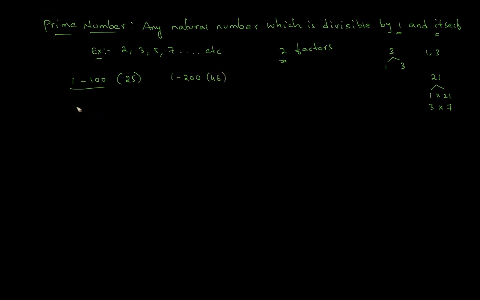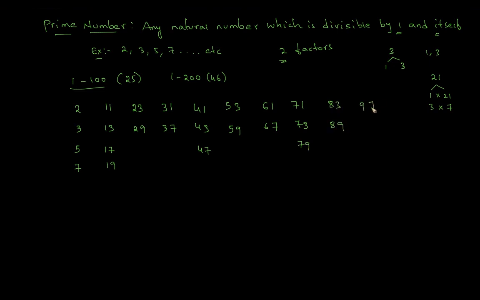Okay, we will see 1 to 100 prime numbers: 2, 3, 5, 7, 11, 13, 17, 19, right? 23, 29, 31, 37, right? 41, 43, 47, 53, 59, 61, 67, 71, 73, 79, 83, 89, 97, right?